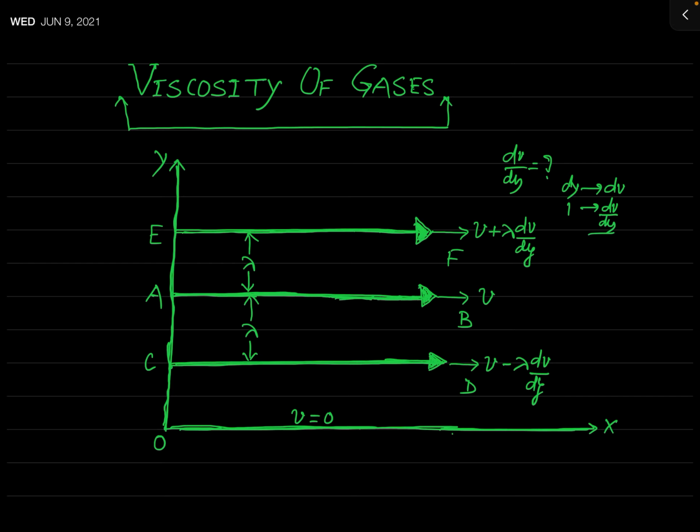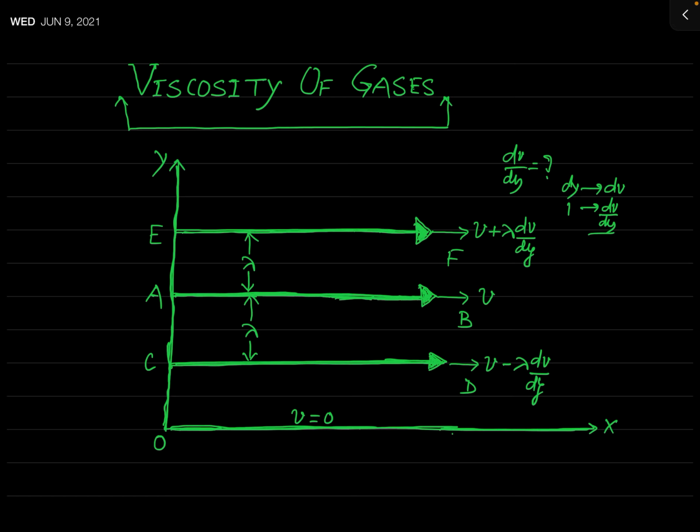We have assumed that the layer AB, which is at a particular distance from this horizontal surface OX, is moving, the gas in this layer moving with a velocity v in the x direction, as you can see here.